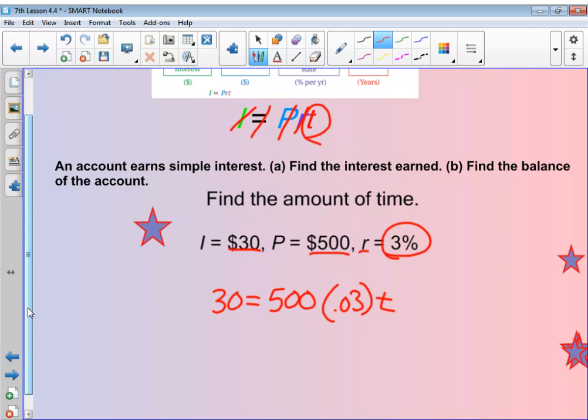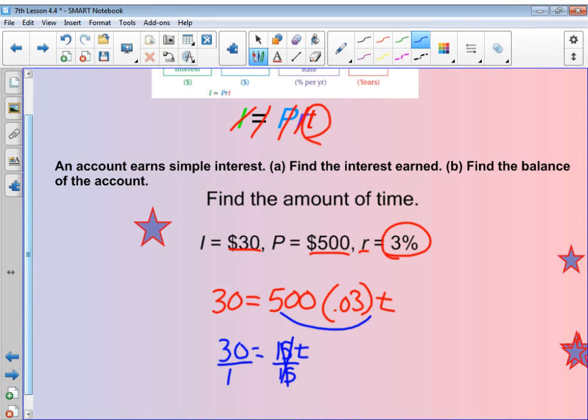Okay, so now we're going to simplify. So we want to go ahead and simplify it down. So I have 30 equals 500 times 0.03, which is going to give me 15. And then my T is left over. So now to get the T by itself, we're going to go ahead and divide by 15.